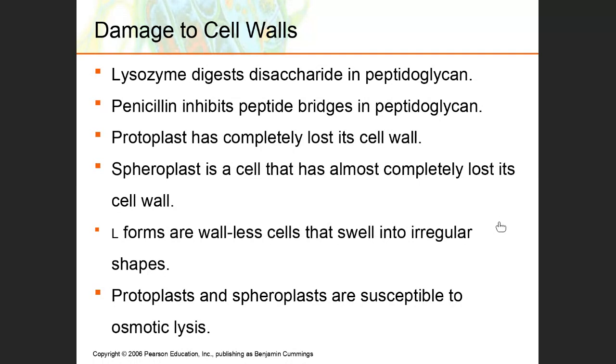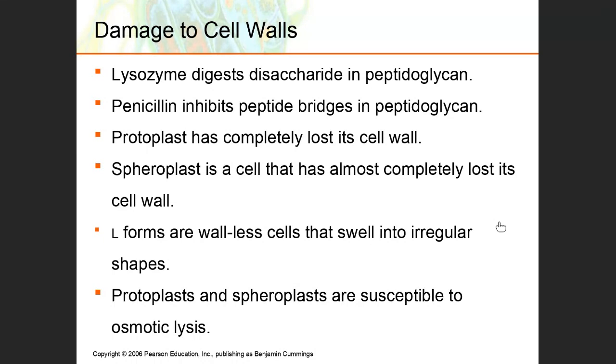Interestingly, when we learn about bacterial viruses, the way that bacterial viruses penetrate the bacterial cell wall is by using the enzyme lysozyme. So that's a very interesting circumstance where animals produce lots of lysozyme to help defend against bacteria, but these viruses somehow evolved or acquired the enzyme lysozyme, which allows them to penetrate the bacterial cell wall and infect bacteria.